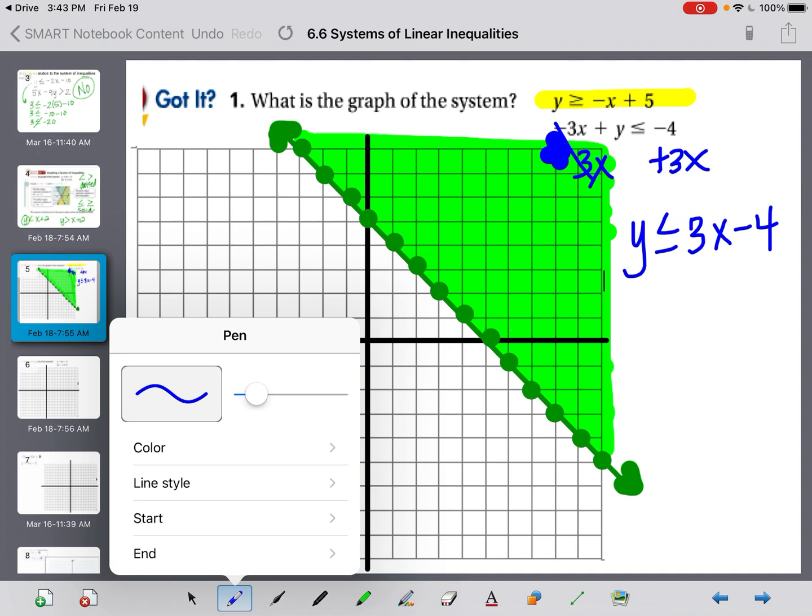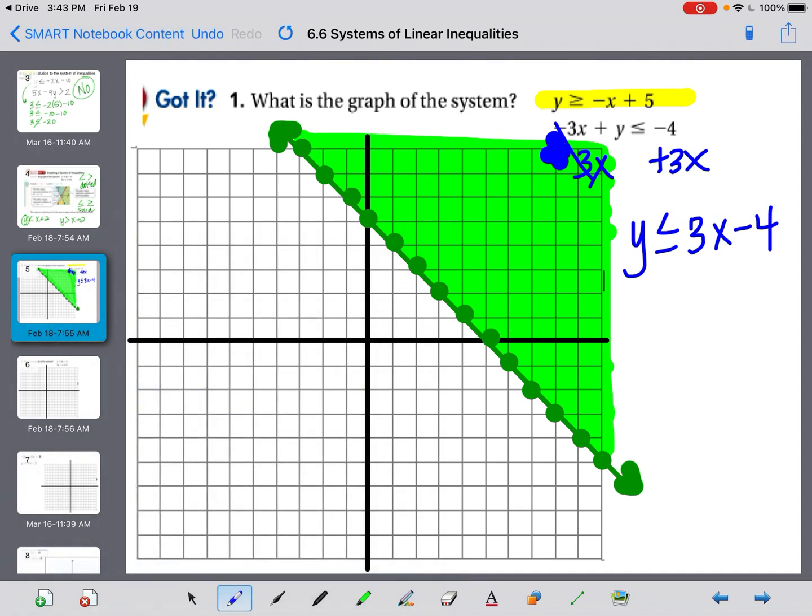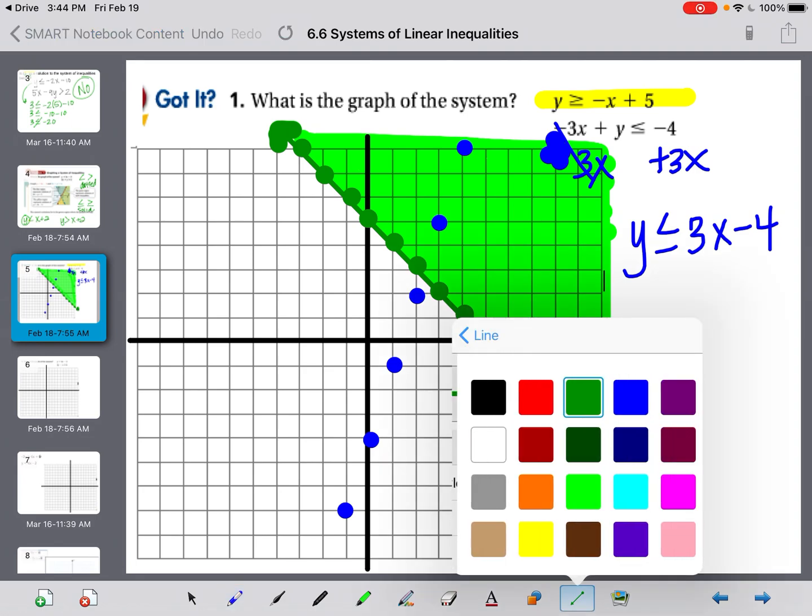So now I know that I'm going to put my first point at the negative 4 and use the slope of 3, up 3 over 1, to finish my line. Okay, and that one also has the equal to bar, so that one should be a solid line.